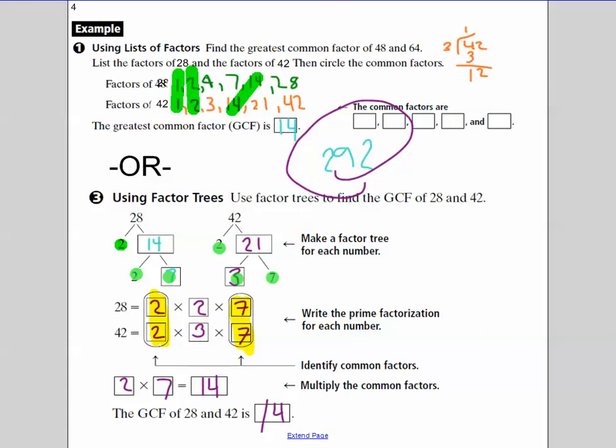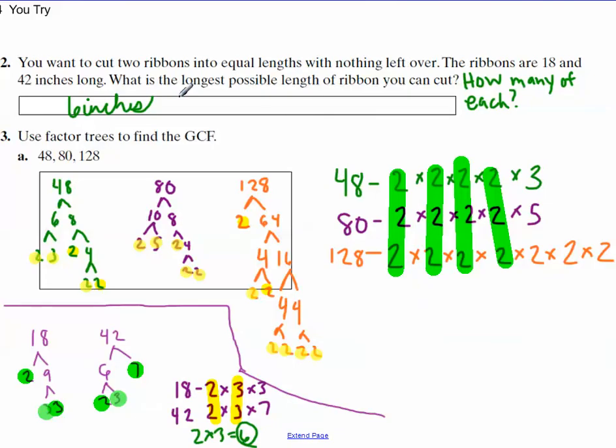All right, let's see how we did here. I have 2 pieces of ribbon that I want to cut into equal lengths with nothing left over. I have 1 piece of ribbon that's 18 inches long and 1 piece that's 42. What's the longest possible length of ribbon I can cut? I chose down here to make a factor tree. My prime factorization for 18 was 2 times 3 times 3.